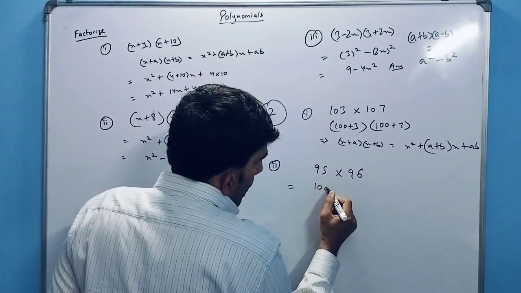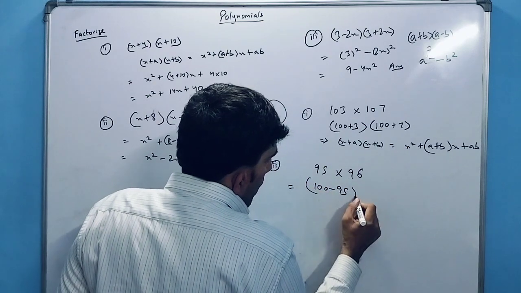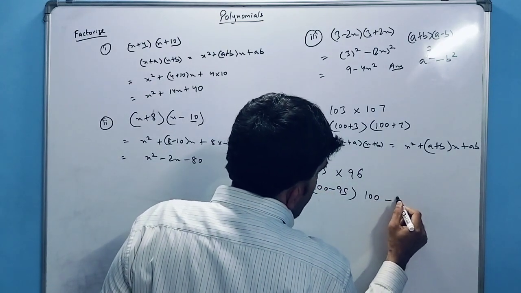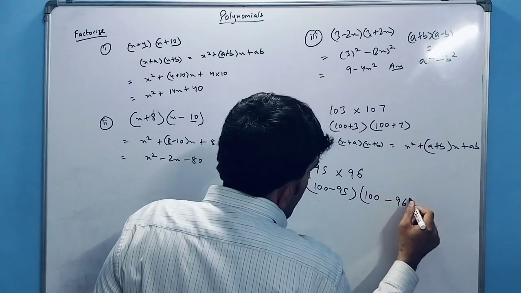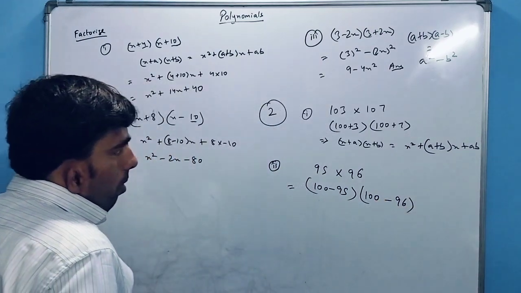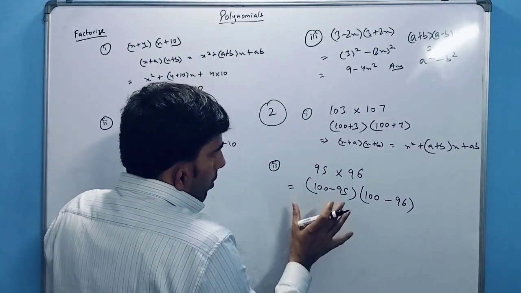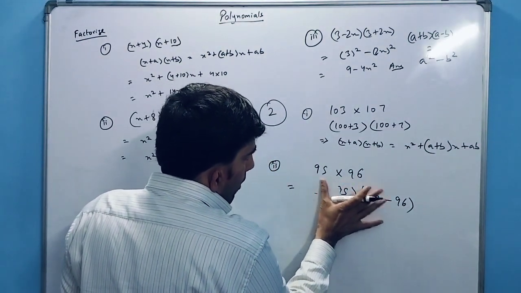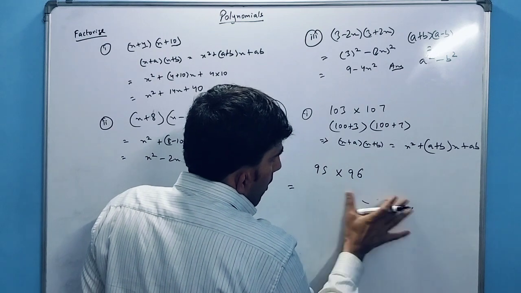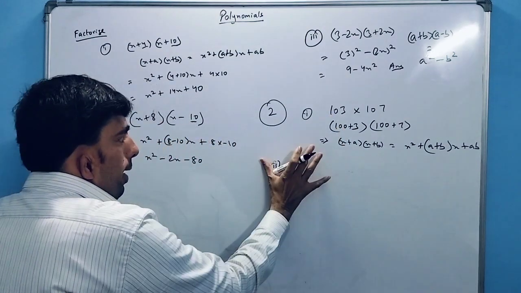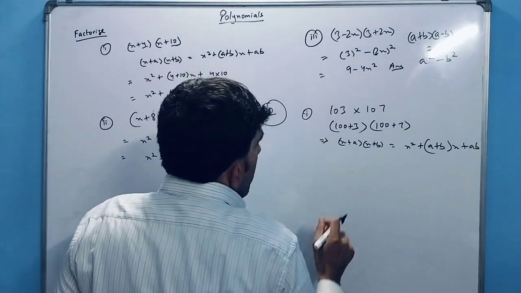We can write 100 minus 5 and 100 minus 4. Okay, or else we can write more. Let us solve the previous numerical first. I've just written the identity. Okay, now try to solve it out.